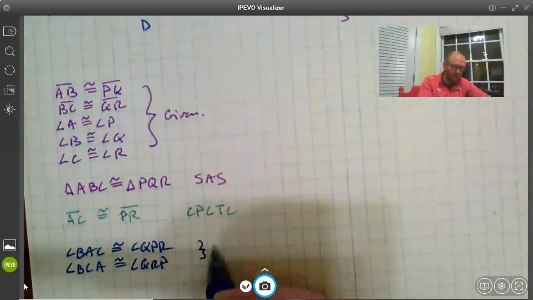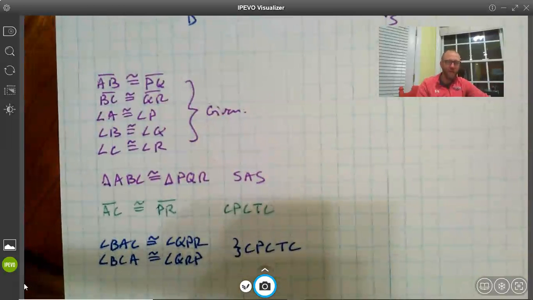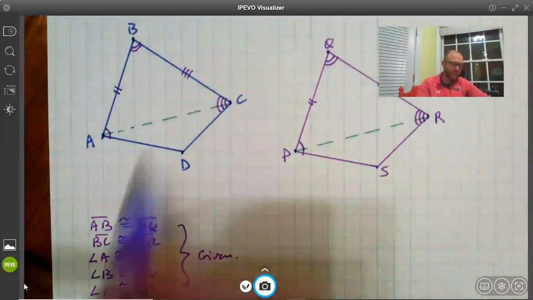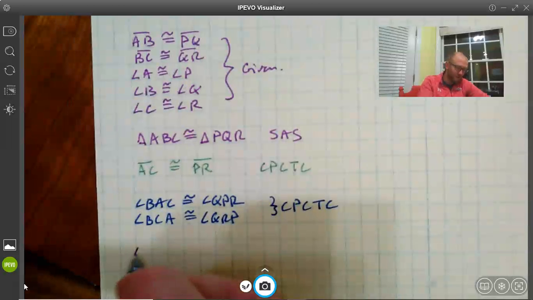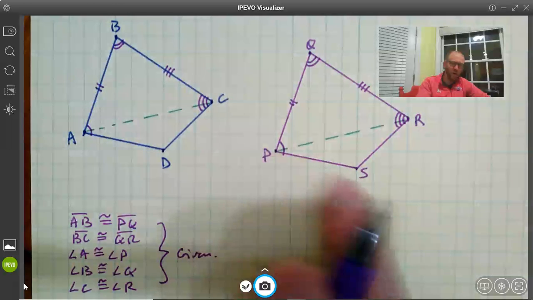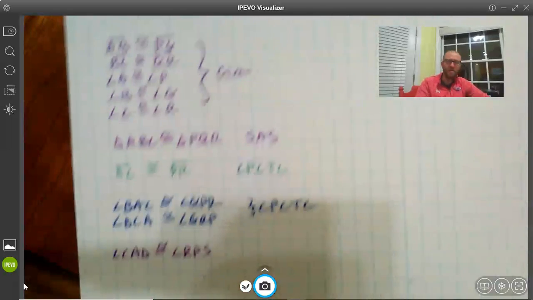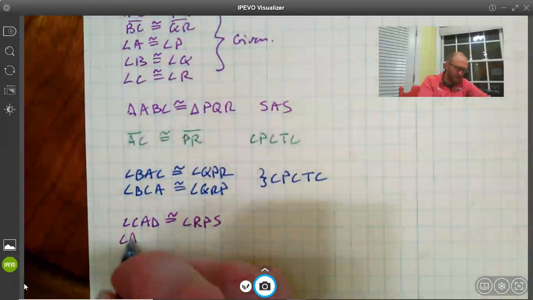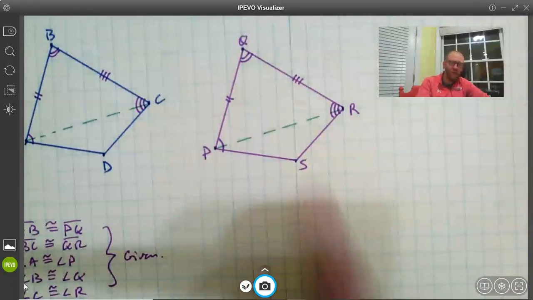And that is also corresponding parts of congruent triangles are congruent. And then we're going to say, and here's where we're going to make our little bit of a leap here, we're going to say that because of that, angle CAD is congruent to RPS, and that angle ACD is congruent to angle PRS.